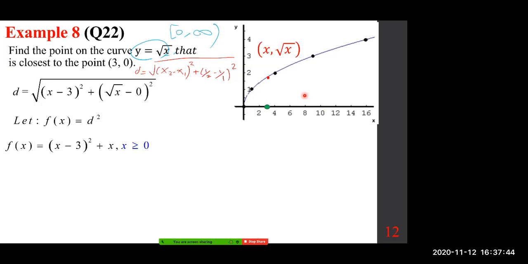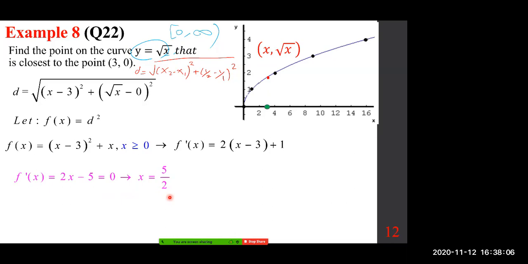So having said that, when we want to take the derivative, it's easy. 2 times x minus 3 to the power of 1 times 1, and then plus x gives us 1. Okay? This is simply 2x minus 6 plus 1, or 2x minus 5, and x becomes 5 halves. Okay?